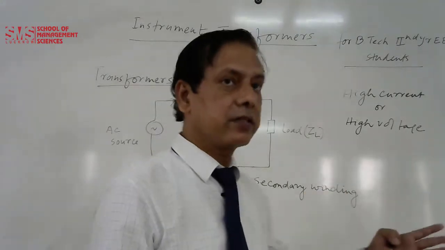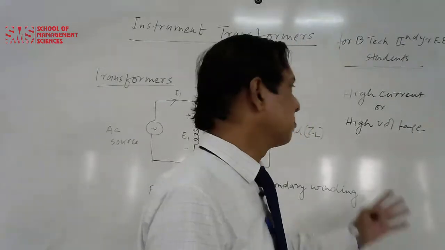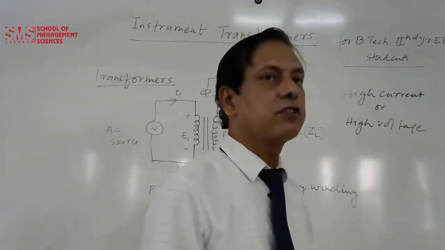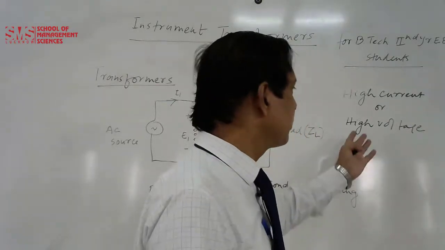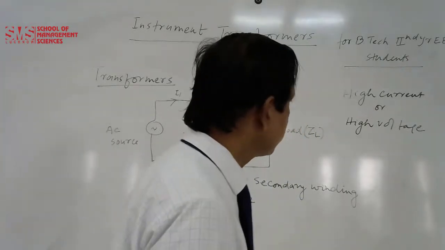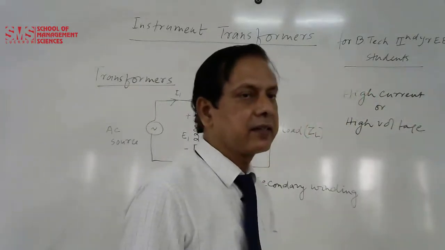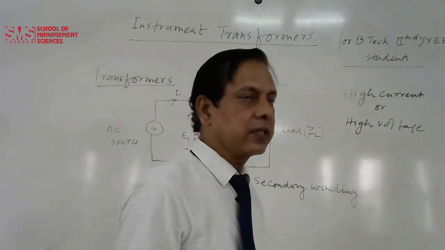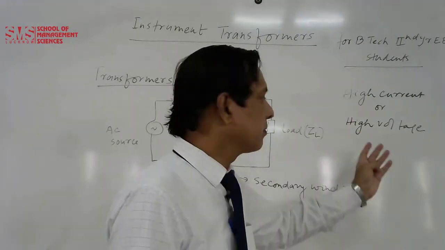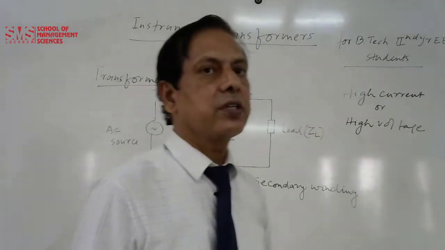It is basically not possible to construct a very high current ammeter or a voltmeter which can be connected across a power line having very high voltage. So it is desirable to step down very high current to a low value. At the same time, the high voltage has to be stepped down to a measurable range. So that's why we use instrument transformer.